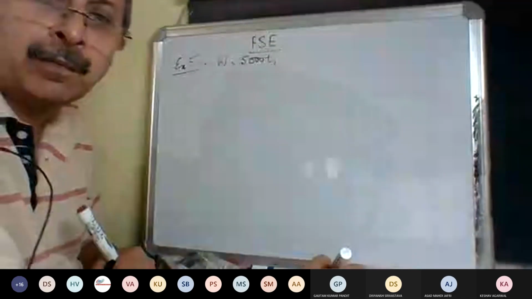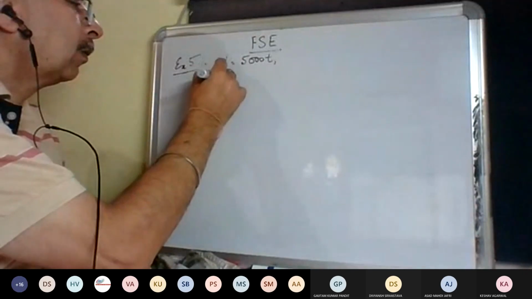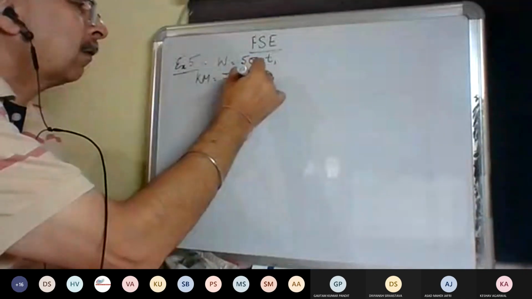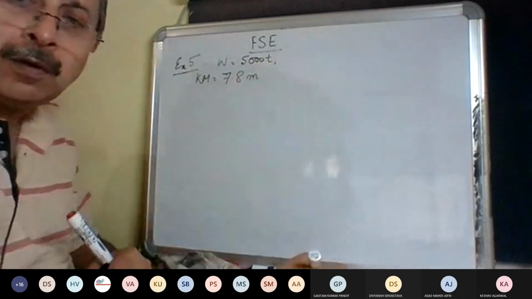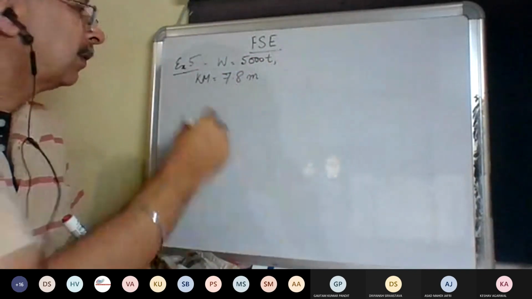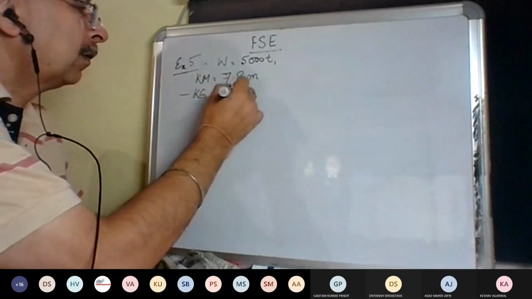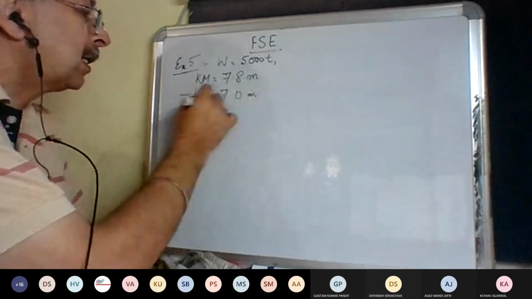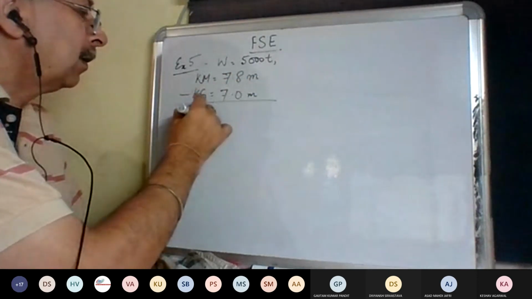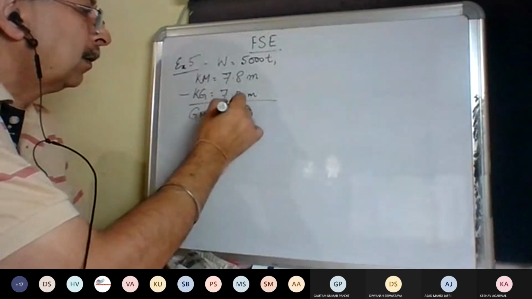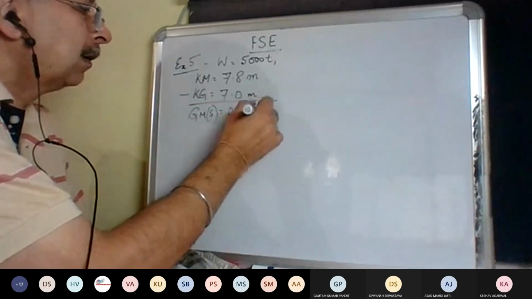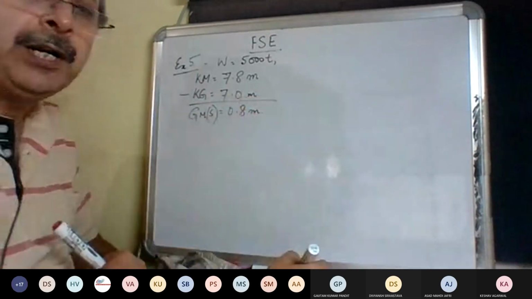KM is 7.8, KG is 7 meters. So subtracting, GM solid will be 0.8 meters.